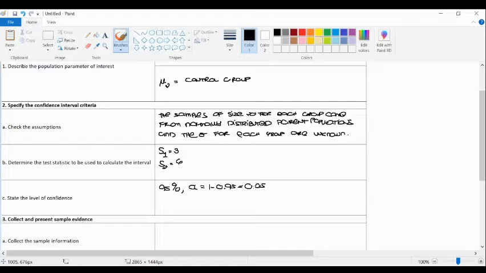And from the t table with a degree of freedom of 19, so let's put it here, equals 19, for each group the confidence coefficients are positive, negative 2.10.